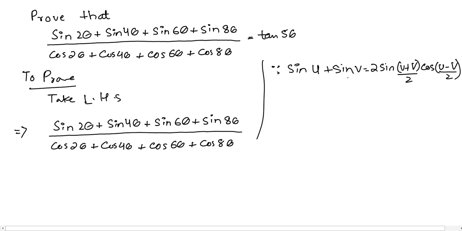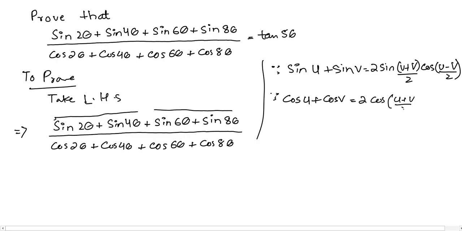So we can apply this identity in these two terms. For the denominator we can write cosine u plus cosine v is equal to 2 times cosine of u plus v over 2 times cosine of u minus v over 2.